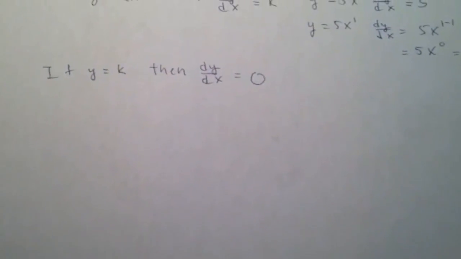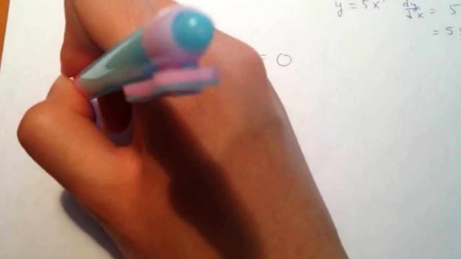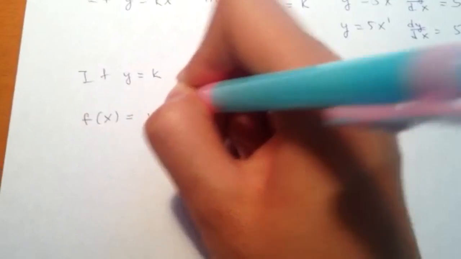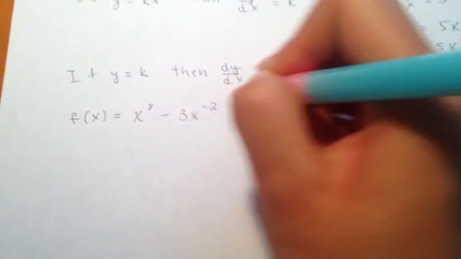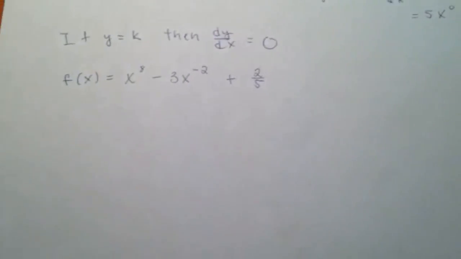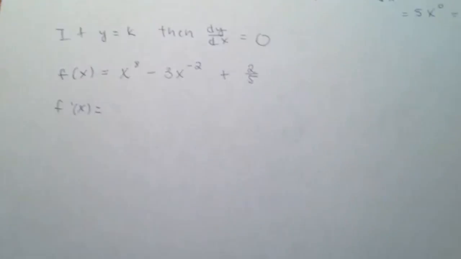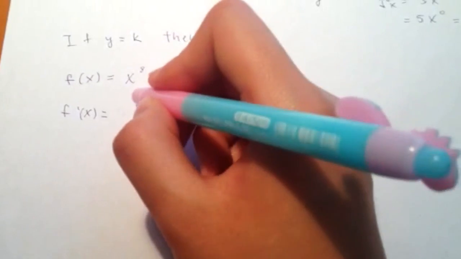So let's try a longer problem. Say f of x equals x to the 8 minus 3x to the negative 2 plus 2/5. The derivative would simply be, for x to the 8th, you bring down the 8 and then subtract 1, right?